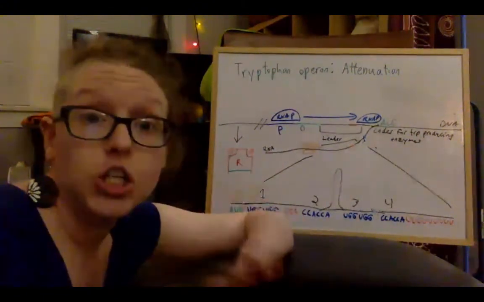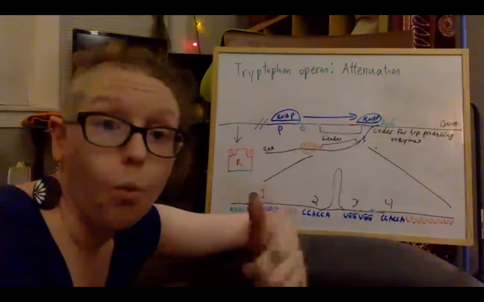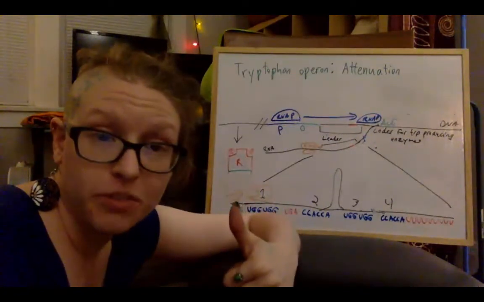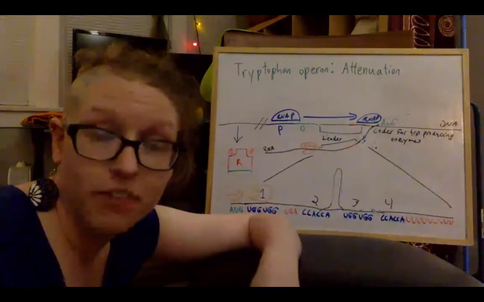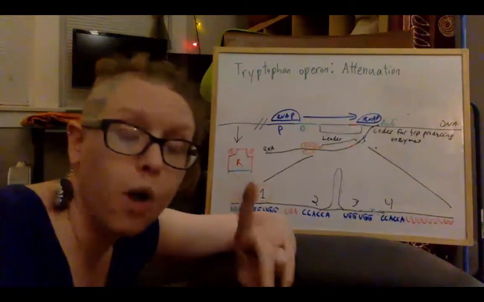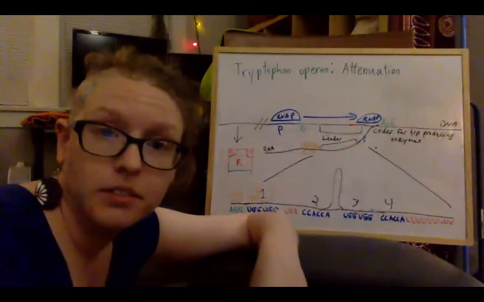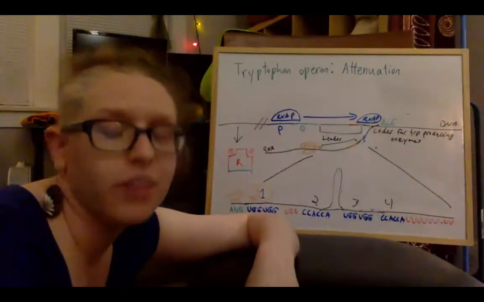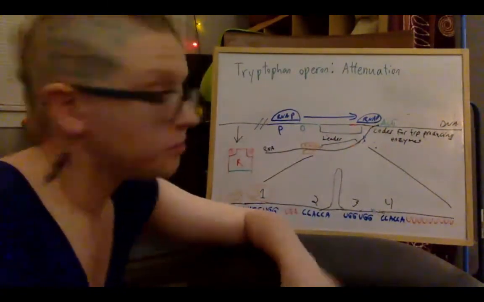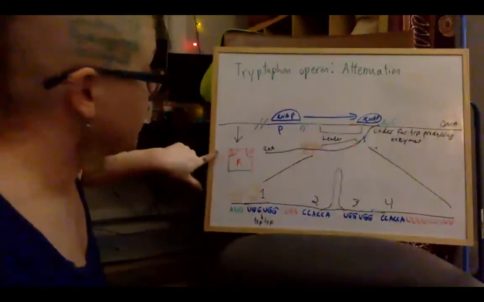So, to recap, with lots of tryptophan available, it's going to be inhibited because of this.